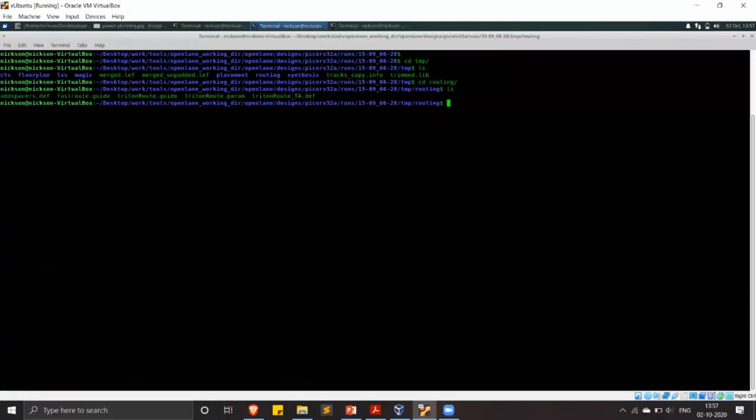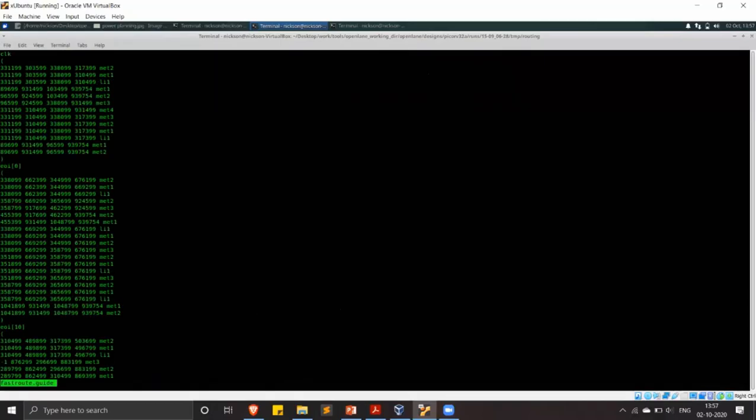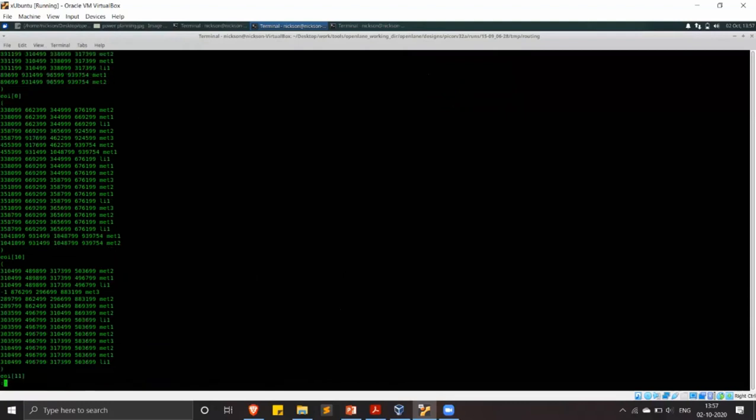When I do an ls, you will see something called a fastroute guide. As I had told you, routing guides are obtained as an output from global routing, and global routing is performed by the FastRoute engine. So when you do a less, this was what I was talking about.